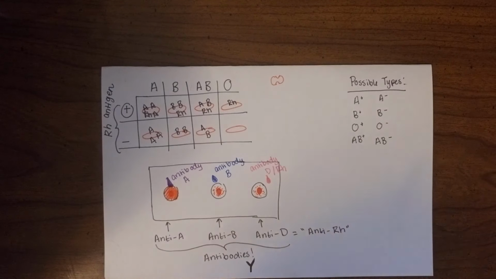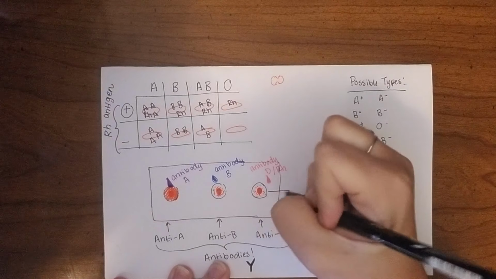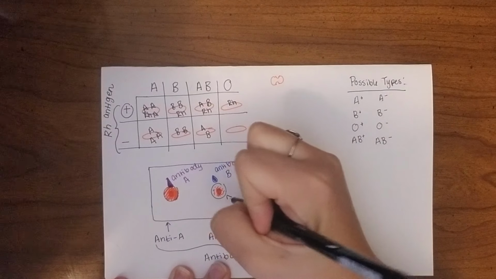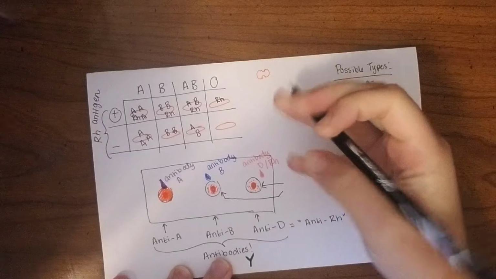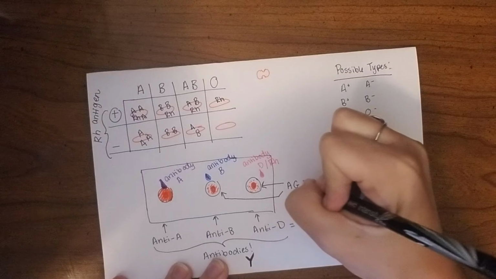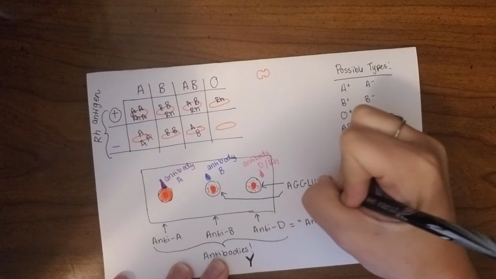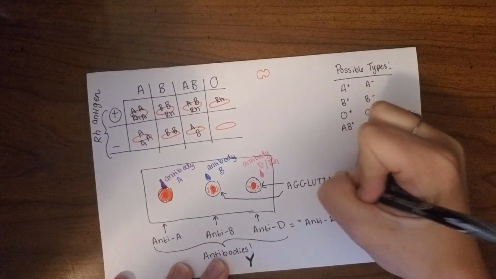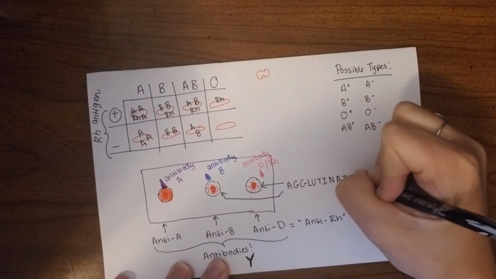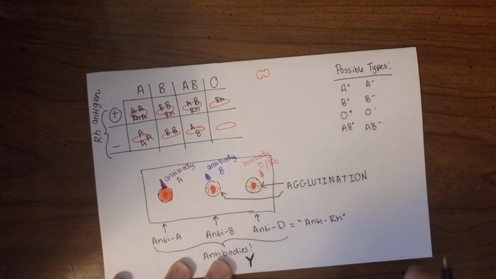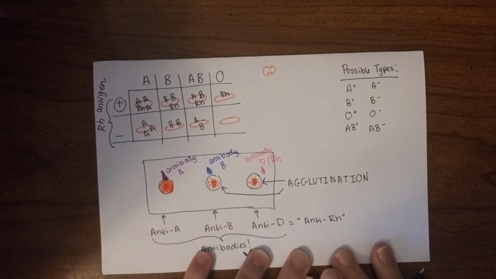So the speckling that's happening here and that's happening here, this is called agglutination. It is not called coagulation. It is not called clotting. Okay, it's a very specific process called agglutination.